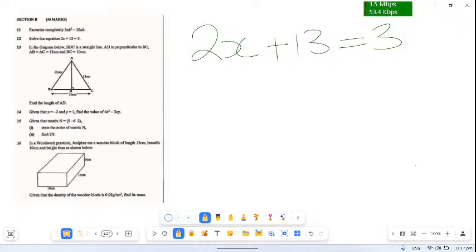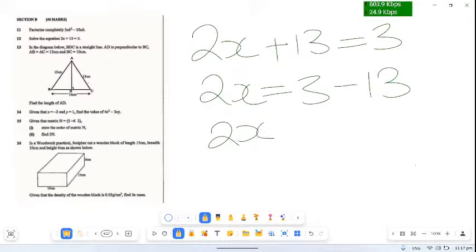So how do you go about this one? What we do with this one is we put like terms together. That means we're going to have 2x is equal to 3. Then 13 will cross the equal sign and become minus 13. So what we do now to find the value, first we write 2x, then we say is equal to.